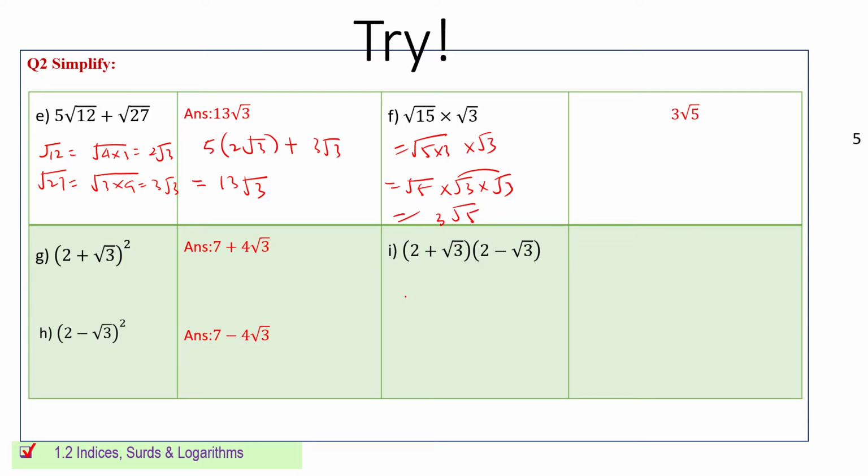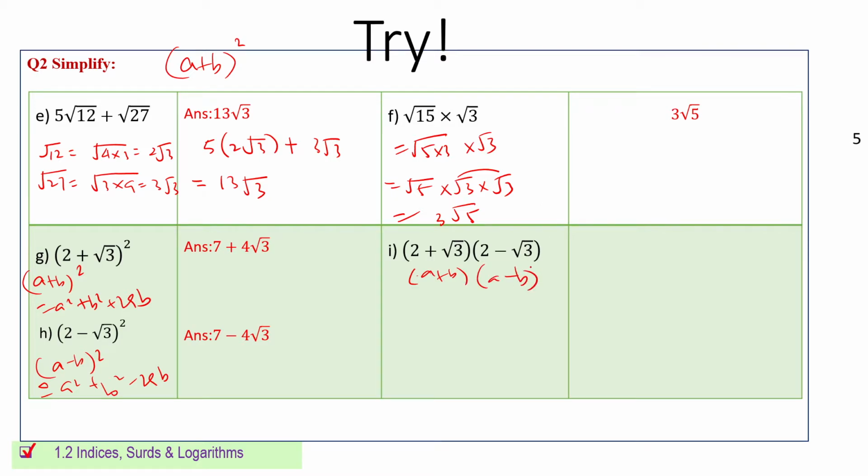Okay, now G, H, and I are basically just to let you know why I always use a plus b square, to save some of your time, because we know that there is one standard formula. a plus b square is a square plus b square plus 2ab, and a minus b square is a square plus b square minus 2ab, and a plus b times a minus b is a square minus b square.